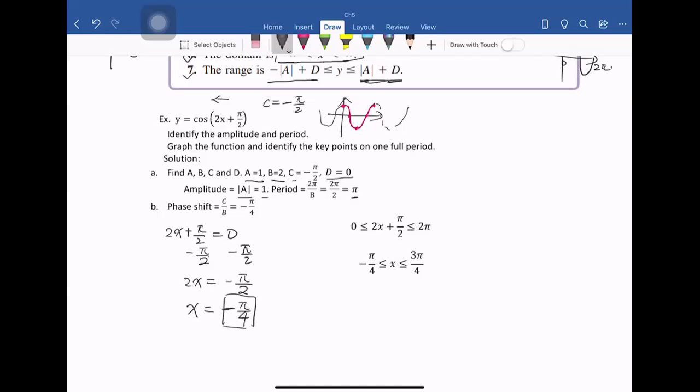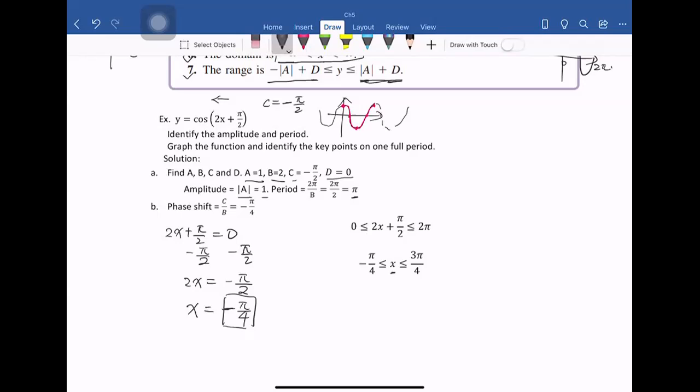So this is the phase shift. And let's see the one full period. For one full period, we let the expression in the parentheses be greater than or equal to 0 and less than or equal to 2 pi, and then solve for x.